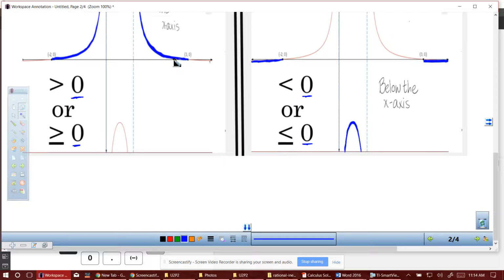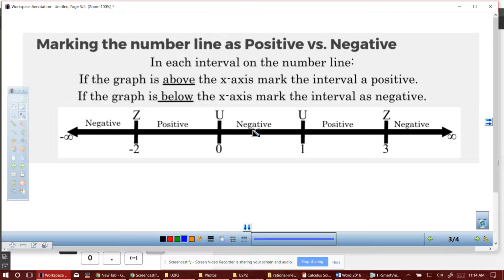From 1 to 3, it's definitely above. So those two should be marked positive. The other 3 intervals should be negative because they are below the axis. So you'll notice negative, negative, negative. All right, so that's how I mark my interval. So remember that these came from the zeros, these came from the undefined. When I say it's negative, I mean the graph is below the x-axis.